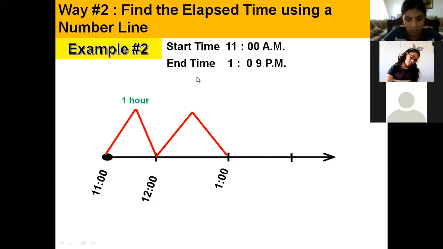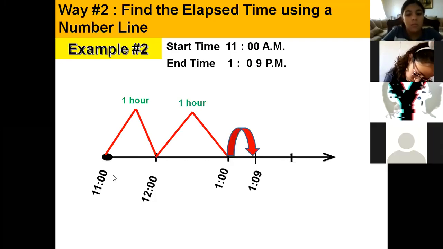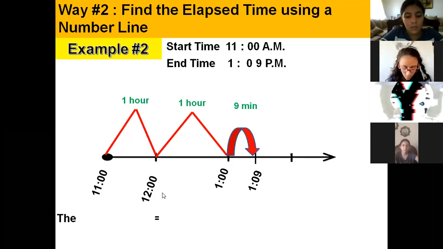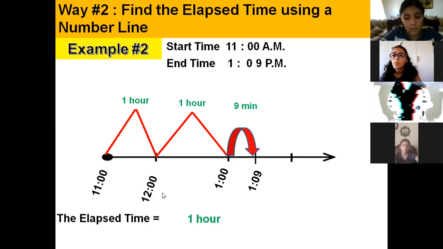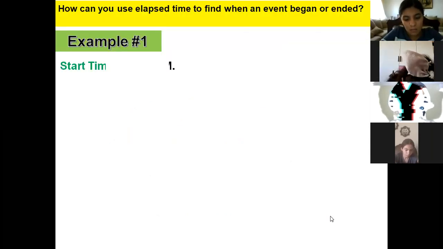You have to keep your eye on the ending time. 1 to 1:09, we just need 9 minutes. So, Muhammad, how many hours and minutes do we need? 2 hours and 9 minutes. Thank you, Muhammad.